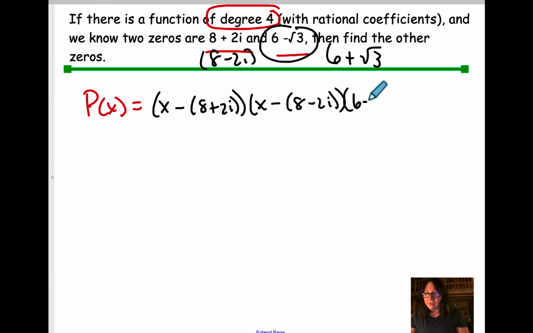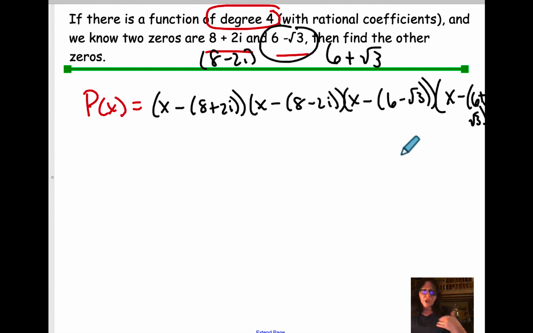So this would be x minus the quantity 6 minus root 3, and then this would be x minus the quantity 6 plus root 3. And that's how I would write it to start with. Then you would need to rewrite that and distribute the values.